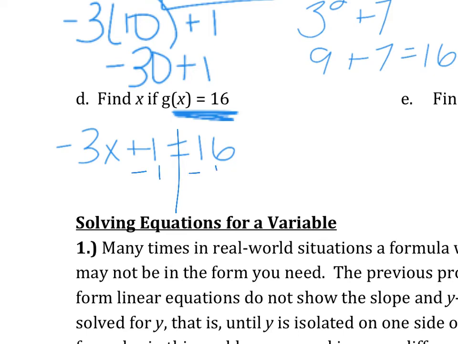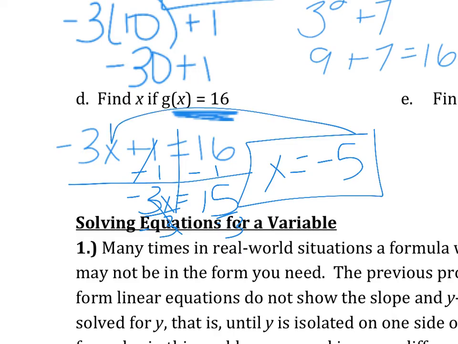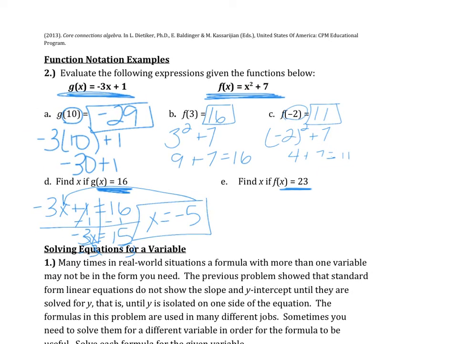I'm not a very good mental math person, so I'm going to write down my problem and do it algebraically. So I end up with -3x equals 15, and if I divide both sides by -3, I get x equals -5. If I go back and plug it in, -5 times -3 is 15. 15 plus 1 is 16. So my missing input is -5.